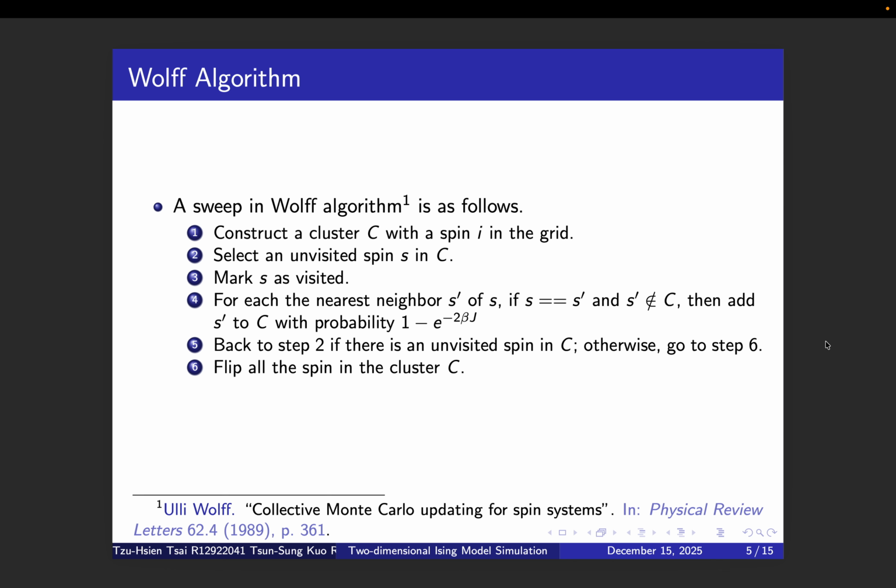For each nearest neighbor S prime of S, if the directions of spin are identical and S prime does not belong to the cluster C, then S prime will be added to C with a given probability. Steps 2 to 4 are iterated until there is no unvisited spin in the cluster C.